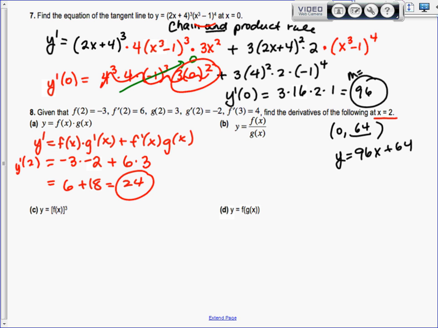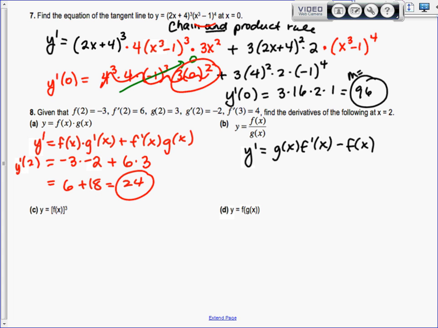Good. All right, then you guys had something like this next one on your test as well. So y prime is going to be low d high minus high d low, all over the square of what's below. A lot of you guys forgot the square of what's below.